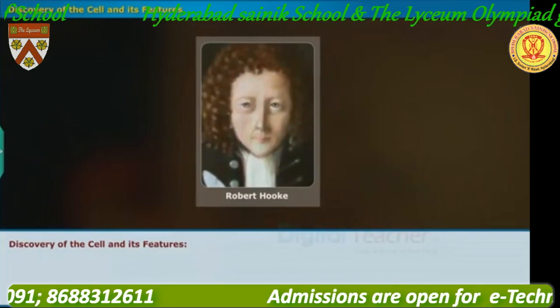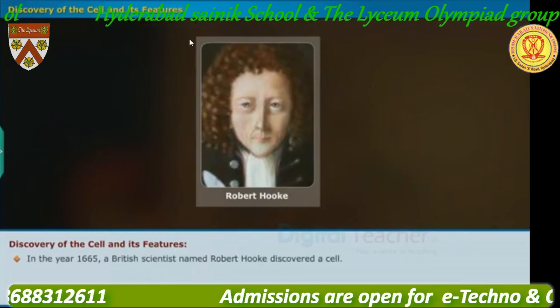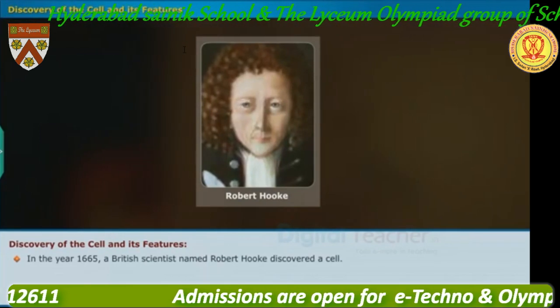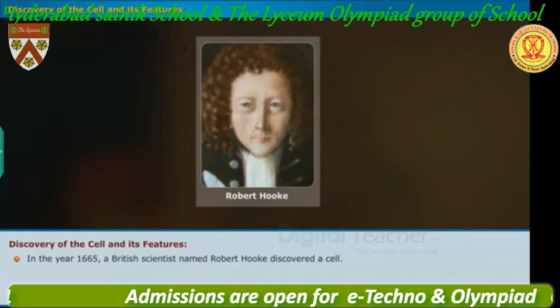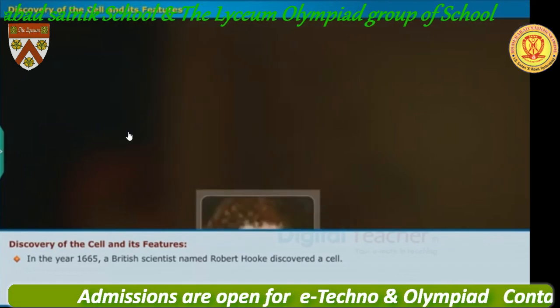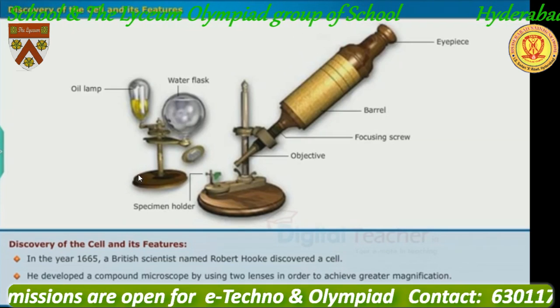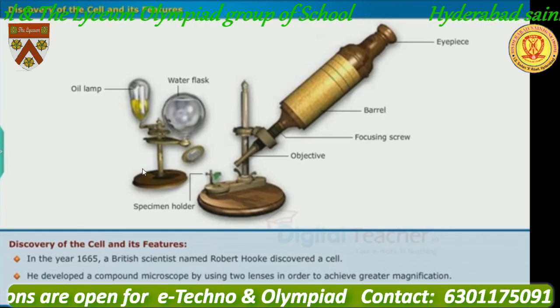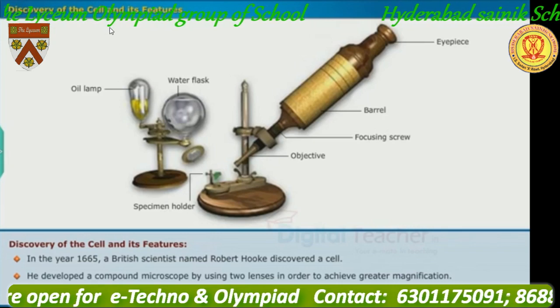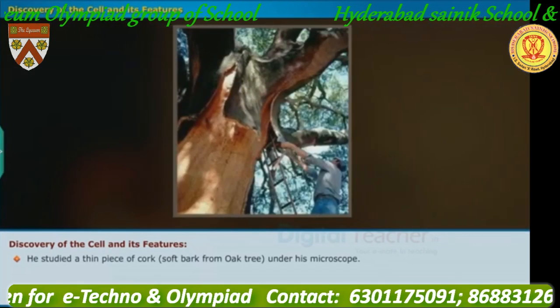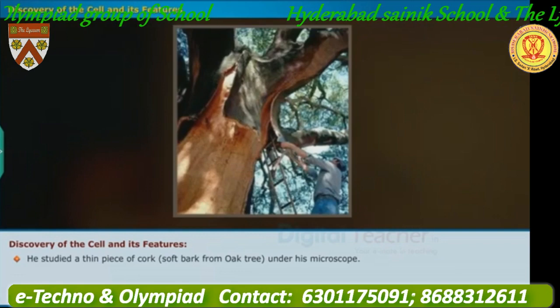Discovery of the cell. In the year 1665, a British scientist named Robert Hooke discovered a cell. He developed a compound microscope by using two lenses for magnification. He studied a thin piece of cork, soft bark from oak tree, under his microscope.